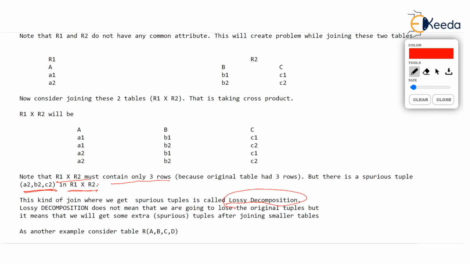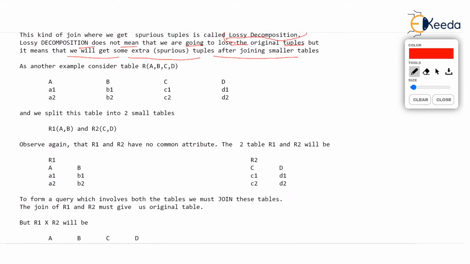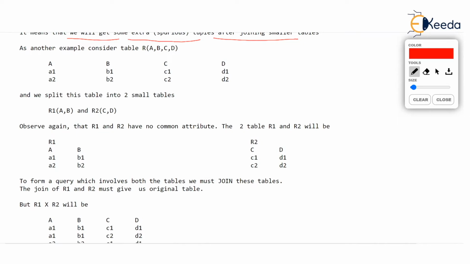Lossy decomposition does not mean that we are going to lose the original tuples, but it means we will get some extra or spurious tuples after joining the smaller tables. Let's take one more example. Let's say we are having a table R having 4 attributes A, B, C, D, and this table has only 2 rows.